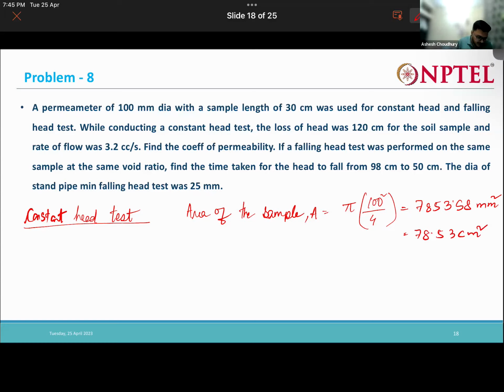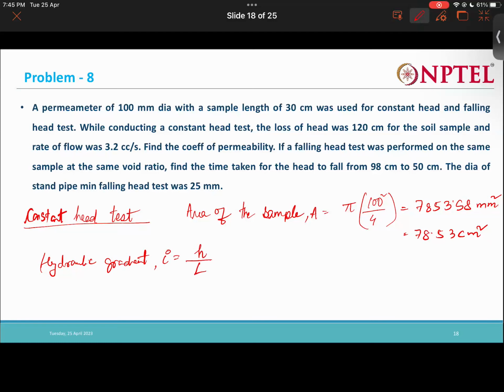And what is our hydraulic gradient? Delta H by L. Delta H is 120, L is 30, so it is 4.